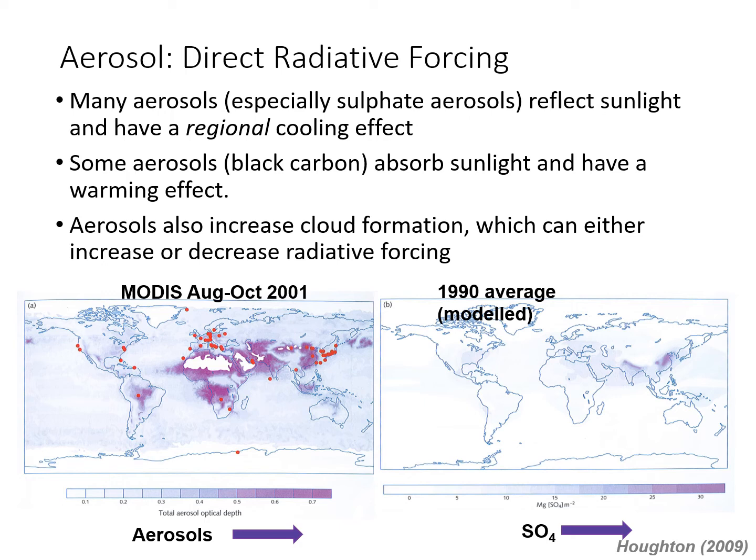On the right, we see the results of modeling research, which shows the distribution of sulfates. Notice the high levels of sulfate over China. This is a result of burning coal. And in fact, the increase in sulfates from burning coal over China has kept it cooler.